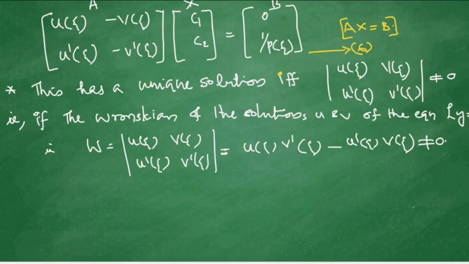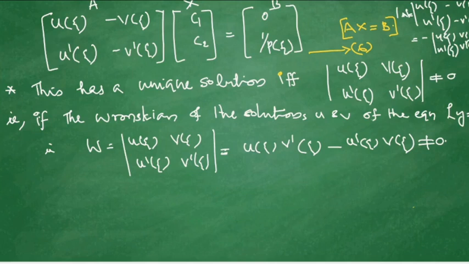Now what is determinant of A? Determinant of A is the determinant of U of theta, minus V of theta, U dash theta, minus V dash theta. Since there is minus 1 in the second column, we can take it outside. So det of A is equal to minus of the determinant of U theta, V theta, U dash theta, V dash theta. Now determinant of A is non-zero if and only if this determinant is non-zero.